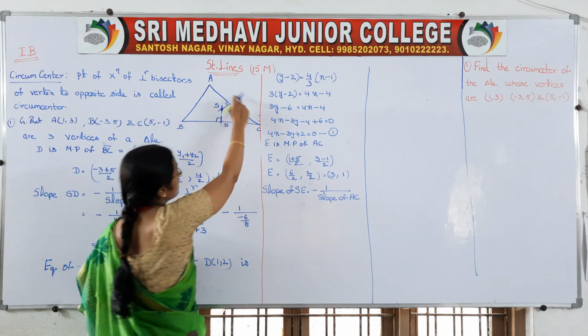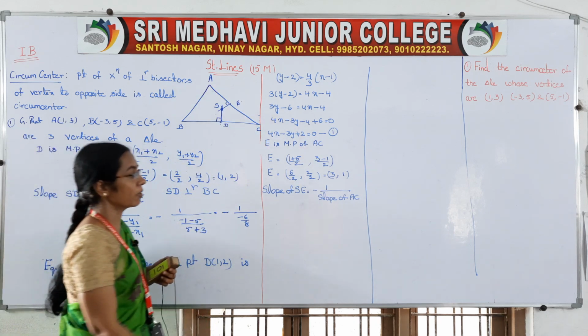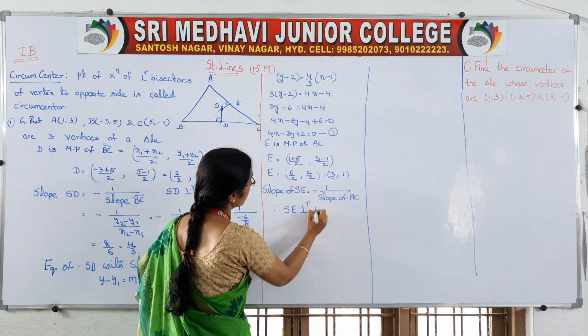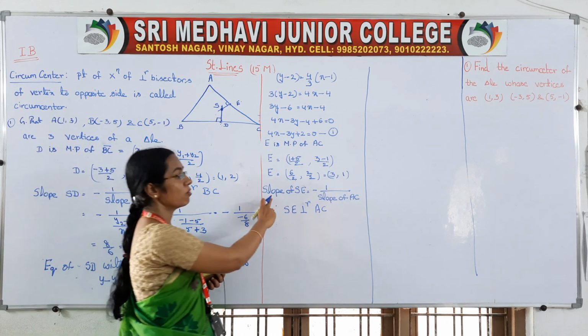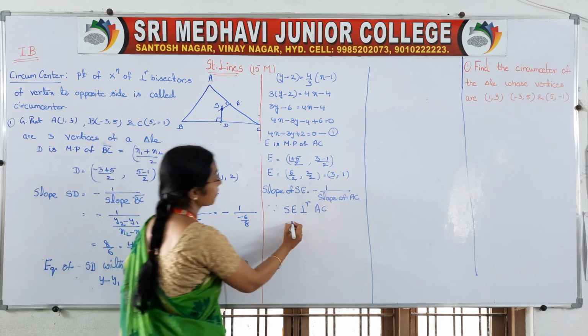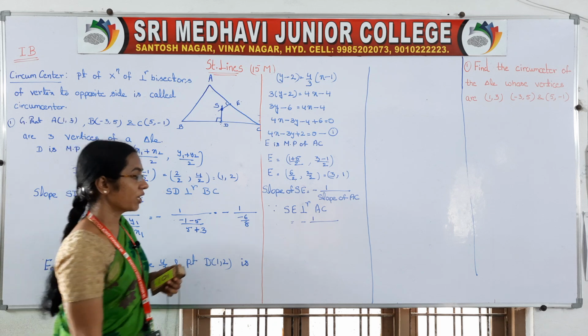Since SE is perpendicular to AC, if two lines are perpendicular, the slope of one line is equal to minus 1 by the slope of the other line. So it is equal to minus 1 by the slope of AC.